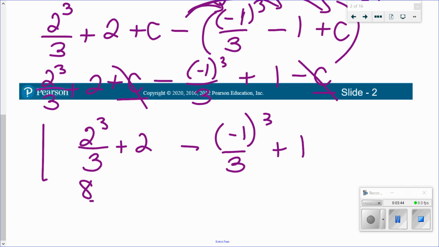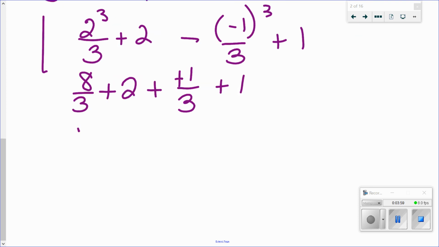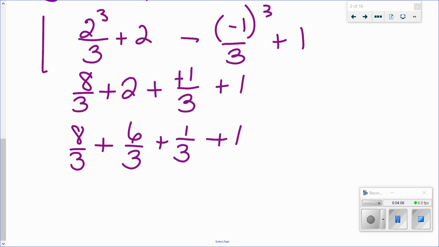So we have 8 over 3 plus 2 minus, well, -1 cubed is still a -1 over 3 plus 1. So we should get, let's change everything into thirds. We have 8 thirds plus 6 thirds. Now, the easier way to do this is going to be 3 thirds. Okay, so 8 and 6 is 14, 15, 16, 17, 18.